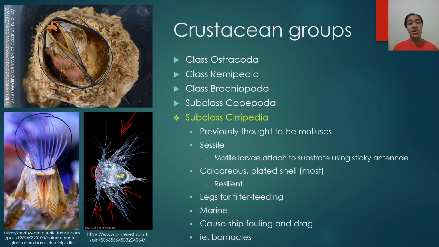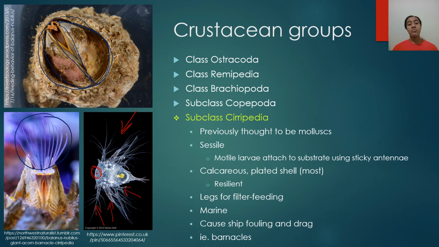Most members of this subclass are marine, and we talked about a good example being barnacles, and they can cause major problems economically and for anybody who has a boat, because these barnacles can form on pretty much any hard surface. If they form on a boat, it can cause that ship or boat to have a lot of drag.